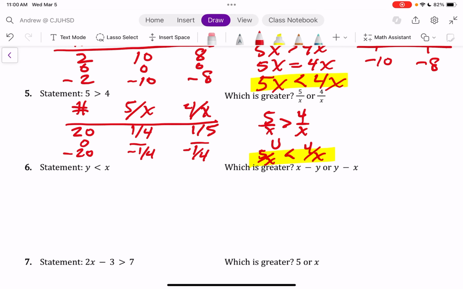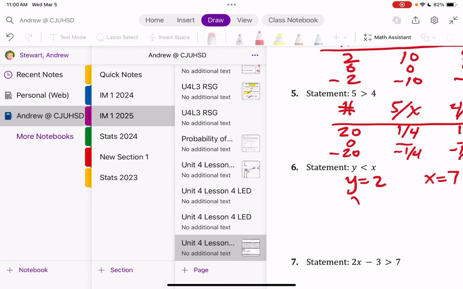Number 6, very similar. So now it says y is smaller than x. So as long as I choose a number for y, like let's try 2, and for x, let's try 7. Then for the numbers, oops, didn't mean to do that.